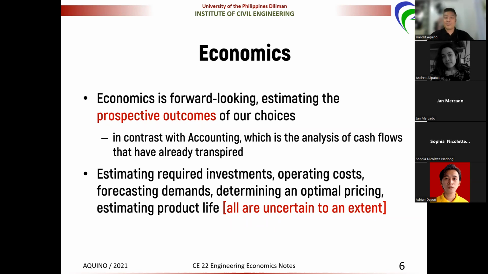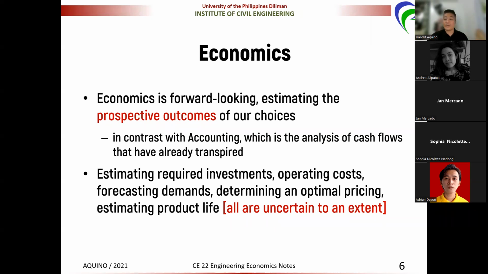So with economics, we estimate required investments, we estimate operating and even maintenance costs, we forecast demand for a product, and we determine an optimal pricing. Because we know, with the law of supply and demand, with constant supply, if you increase the pricing, then you reduce the demand.